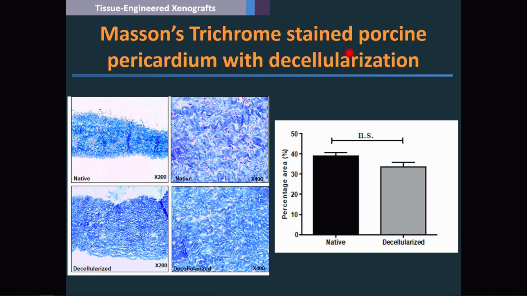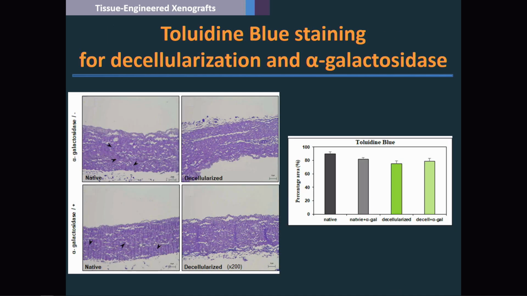Masson's trichrome staining was performed for collagen fiber integrity, and after decellularization, collagen fiber deposition was intact, and the percentage of collagen deposition was not decreased after decellularization.